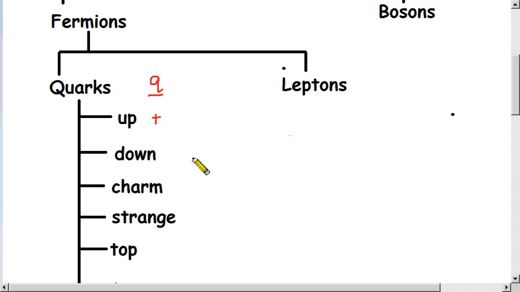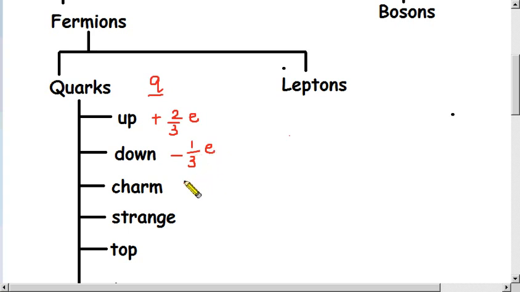So if it is an up quark, positive, and the larger number, 2/3 times the charge of an electron. Since this one is a down quark, first you write negative because it is down, then the smaller number, 1/3 of E.